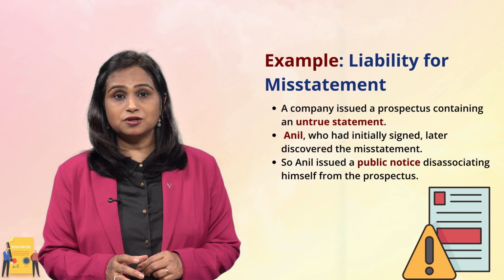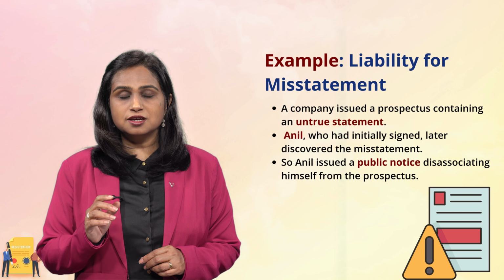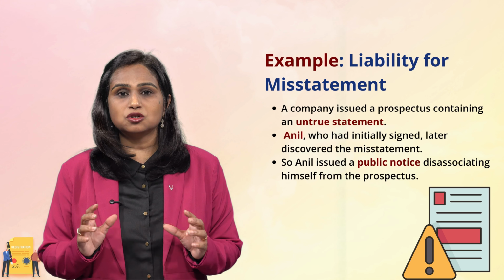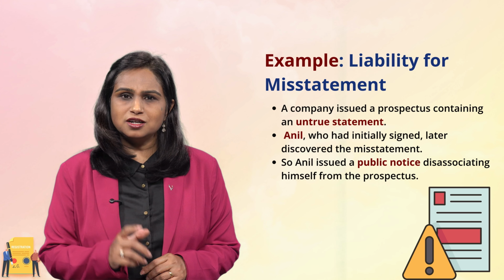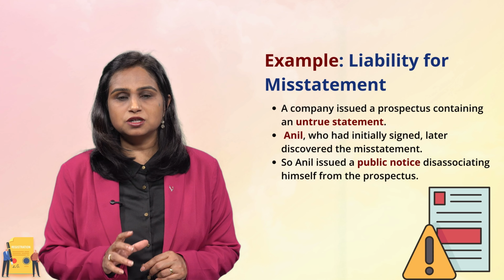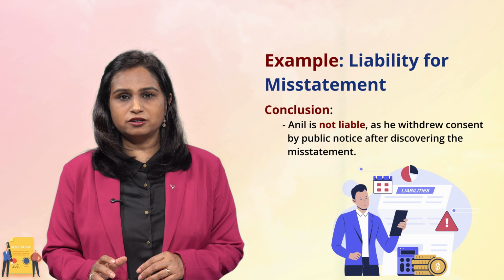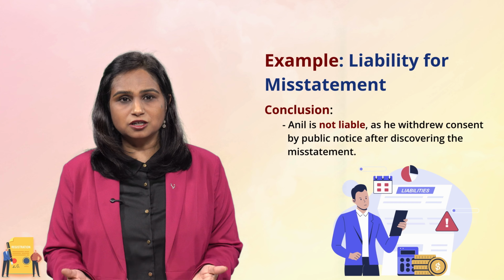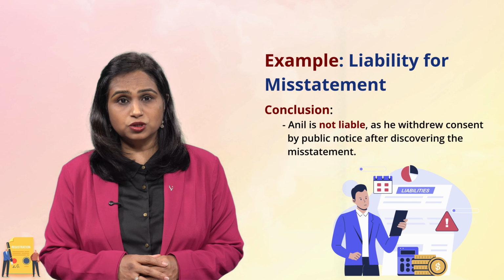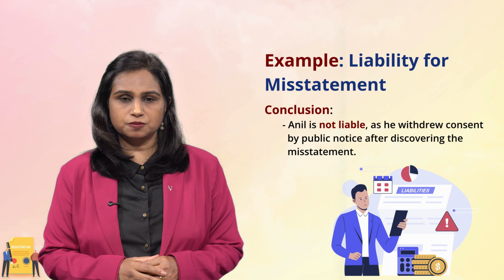So, this expert gave a public notice stating that the prospectus is issued without his knowledge. Now, my question to you is, will Anil be responsible for misstatement in the prospectus? The answer here is that Anil will not be held responsible because on becoming aware that there is an untrue statement, he gave a public notice that this issue is without his knowledge or consent.